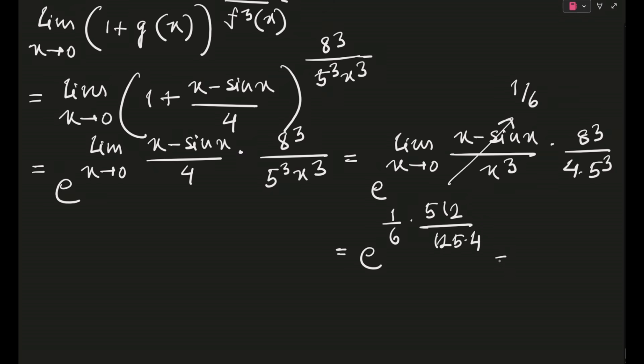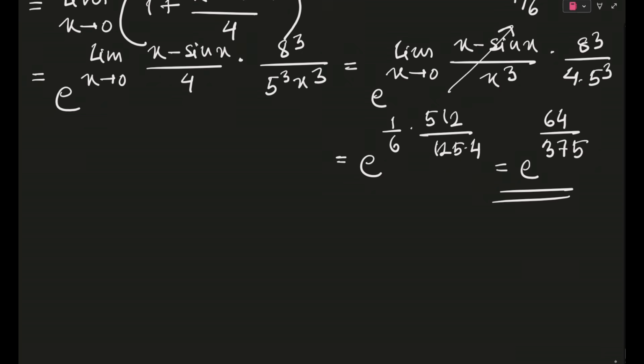Yeah. So this is coming out to be, if we evaluate, e power, I guess 6 and 512, right? 64. And also one 4 cancellation would be there. And this is, I guess, becoming 375. Yeah, so kind of our answer is absolutely ready. We had omega equals limit x tending to 0, the sum of these two limits. So omega is equal to 4 plus e power 64 by 375.